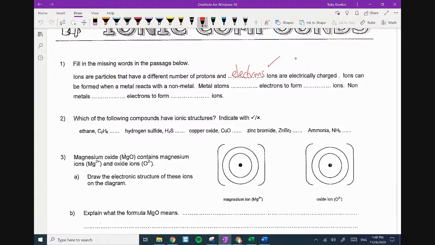Metals always lose electrons to form positive ions. Non-metals gain electrons and form negative ions. I like it. So 1, 2, 3, 4, 5. First question out of 5. Should be nice and quick.